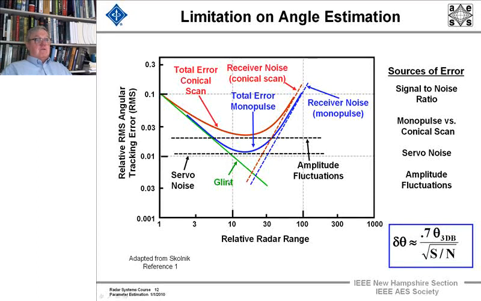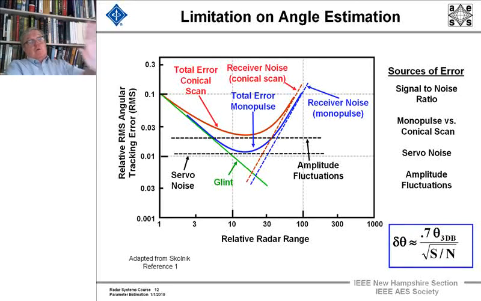Now, the receiver, and also glint. Glint is when you have a complex target like an aircraft. Think of just a two-engine aircraft, turboprop, commercial. There's going to be scatter off the engines, scatter off the wings, scatter off the fuselage, scatter off the elevators, and the back of the cockpit.